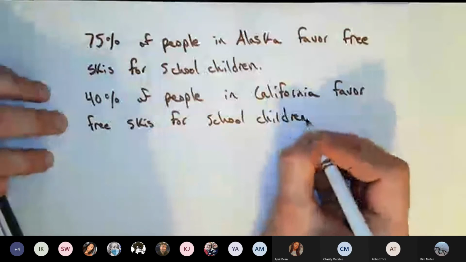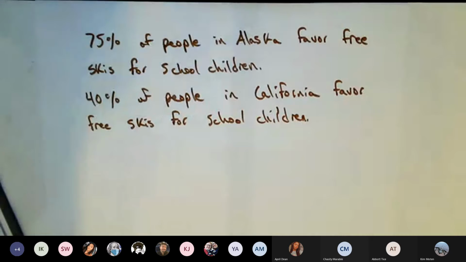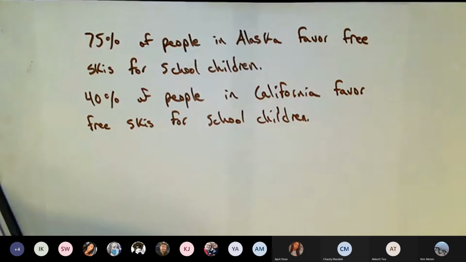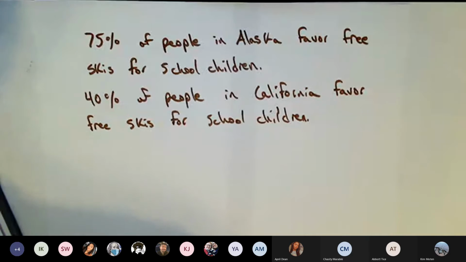So if you look at this data, you might accidentally assume that there are more people in Alaska that favor free skis for school children than there are in California, right? And you may still think, yeah, that's true. I see it.